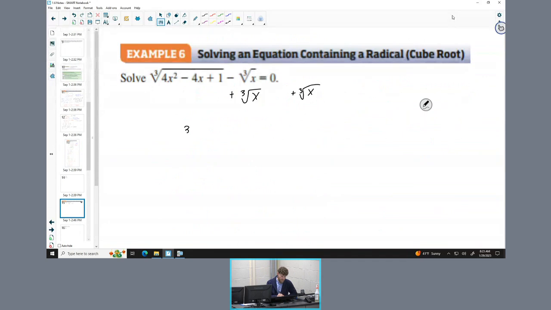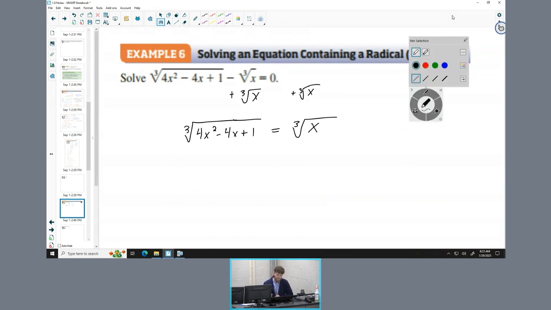Then I have the cube root of 4x squared minus 4x plus 1 is equal to the cube root of x. All right, now we got to think, right? Don't be on autopilot. Be thinking about this. I need that radical to go away. It's the third root, so what power do I need to bring it to make it go away?